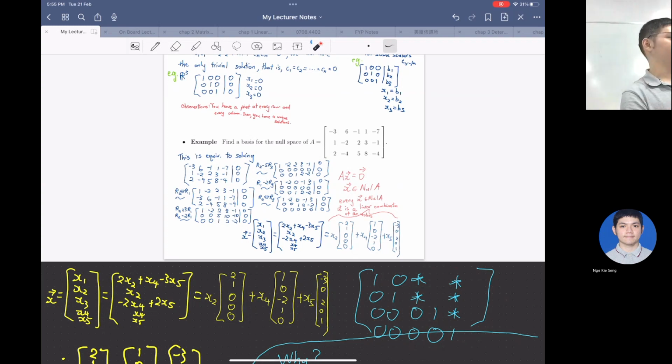Any other question? Oh, you mean reduce like this, using C instead of R, column reduce? I think column reduction will change the solution to the linear system.